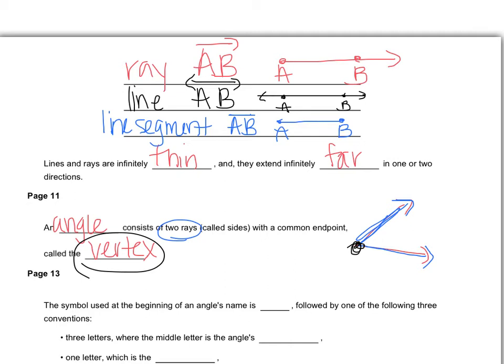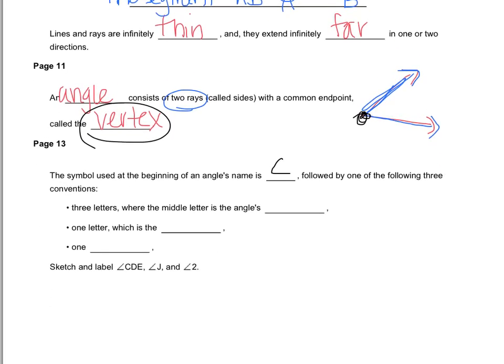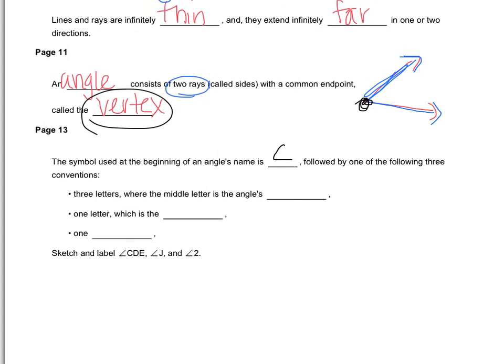The symbol used at the beginning of an angle's name is this little symbol. You've probably seen it before. It's followed by one of 3 things. It's either going to be 3 letters, where the middle letter is the angle's vertex, 1 letter, which is the vertex, or 1 number.